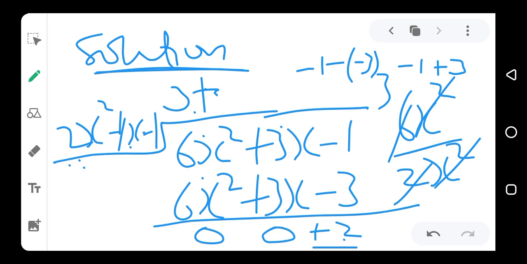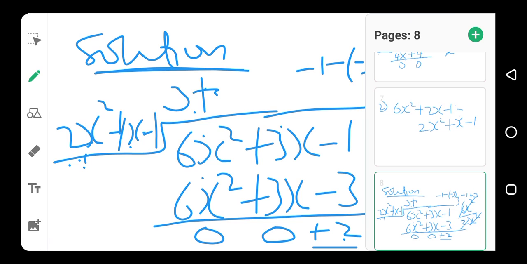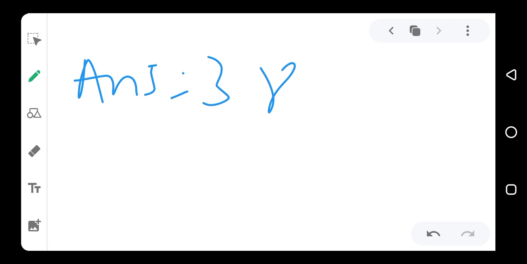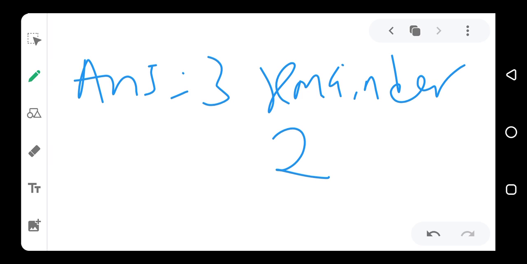This thing is actually 2 divided by this divisor. So our final answer is 3 remainder 2. So that is the answer for this polynomial.